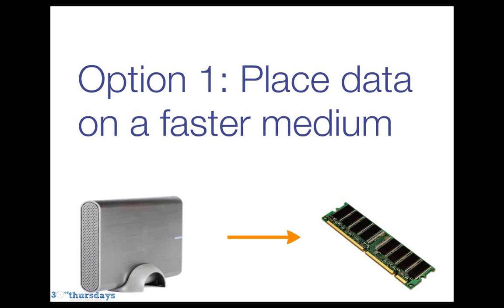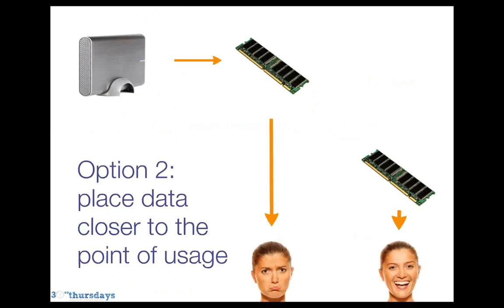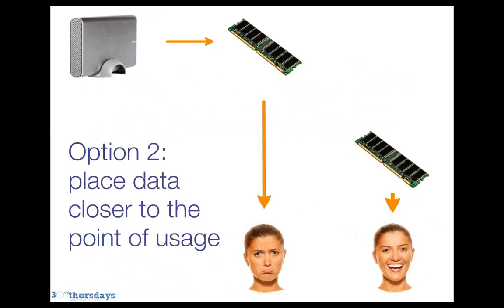The other form of caching that doesn't come to mind as readily for many folks is to take data and put it closer to the point of usage. For anyone sitting in front of a computer, that may not make much sense. You have most of your data right in front of you. But consider the case where you might have a server that's halfway around the world. There are latency and bandwidth restrictions that come into play when accessing that data.